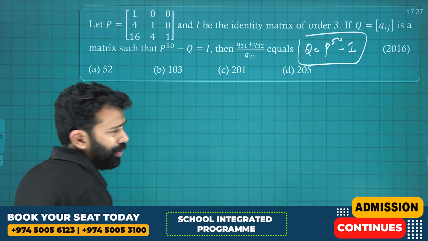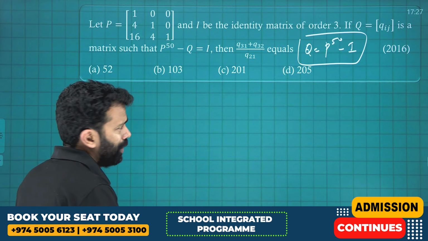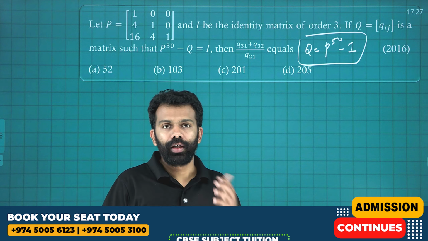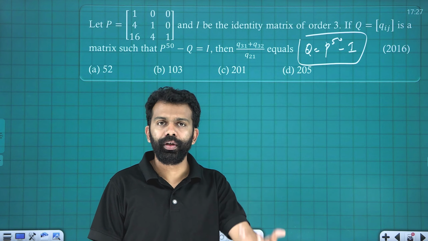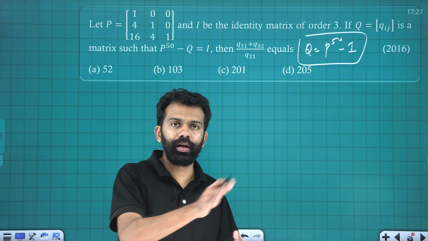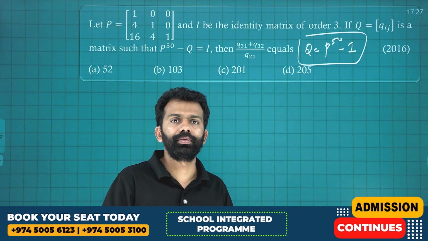So what will you do for finding P? Let's check that out. See, for doing this one, to get the final answer, you should know how to multiply matrices. All of you should know how to multiply matrices, right? And the next question which you should ask yourself is, is it possible to find the value of P raised to 50 just by multiplying P 50 times?